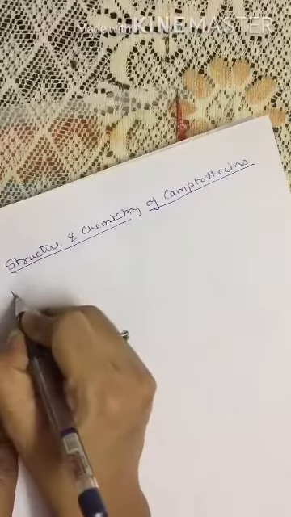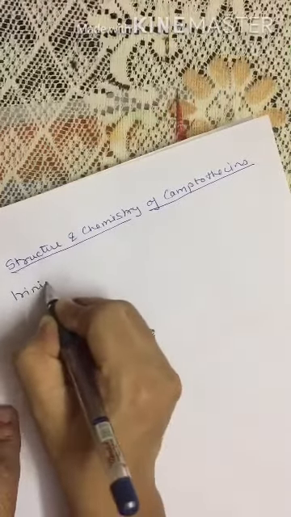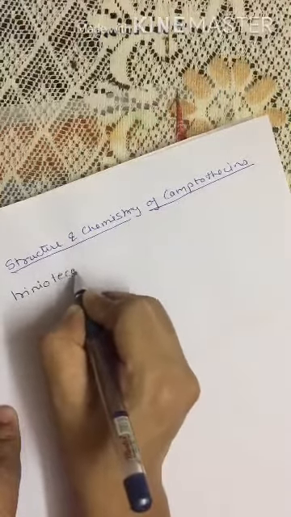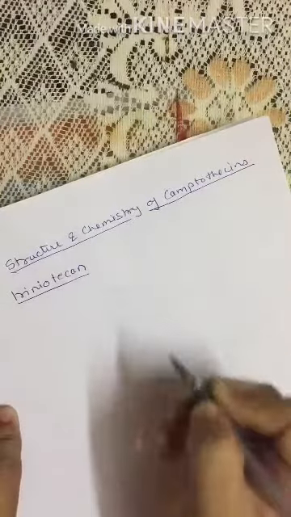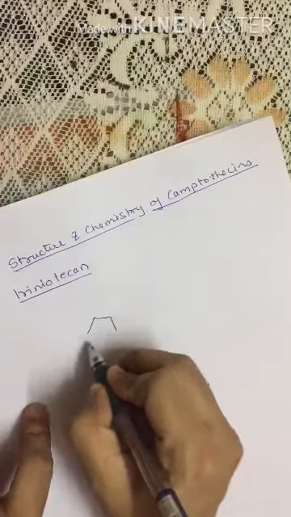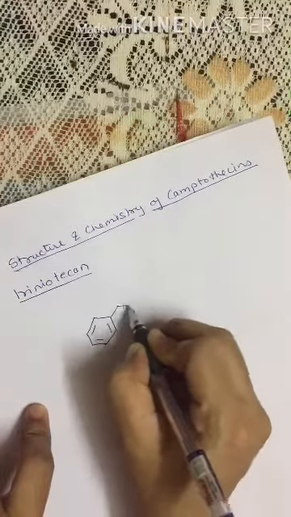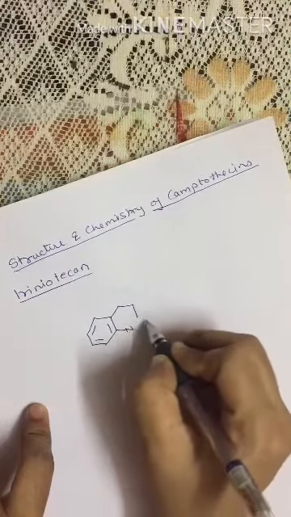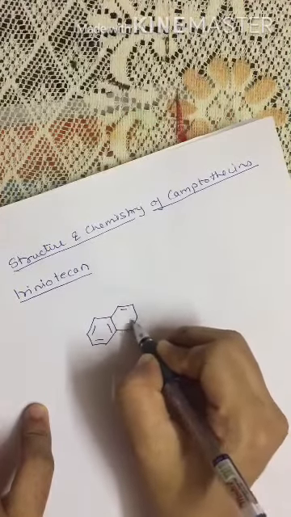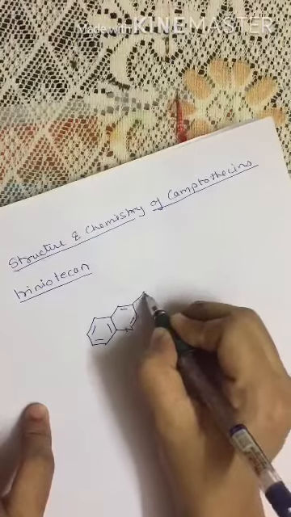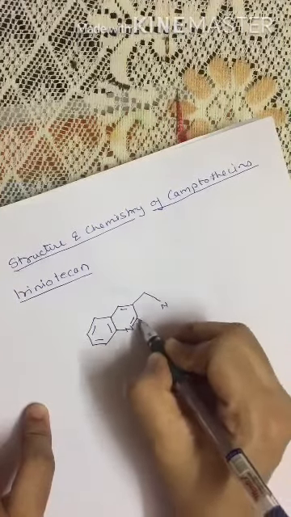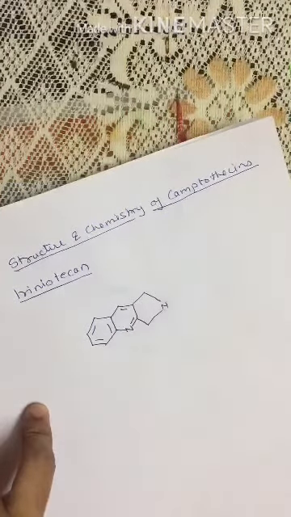Example of the drug is irinotecan. The structure consists of a quinoline nucleus, which is fused with tetrahydropyrrole.